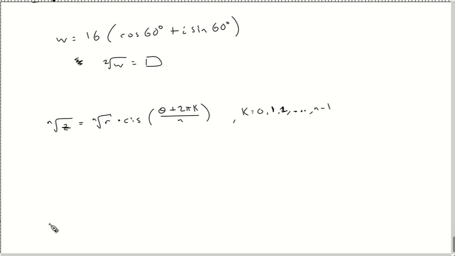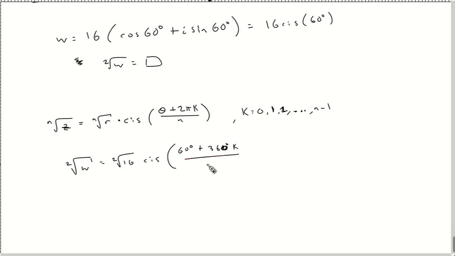All right. And so I just want to remind you that this is 16 CIS of 60, okay? So I'm just going to plug this thing in. The square root of W is going to be the square root of 16 CIS of 60 degrees plus, and we don't want to mix our pi's and all that stuff, so we're just going to do 360 times k all over n, which is a 2.